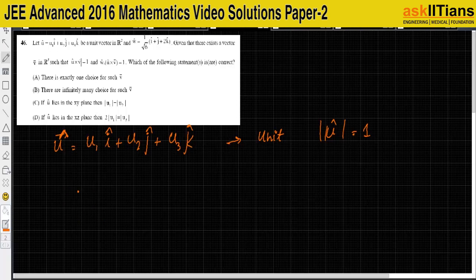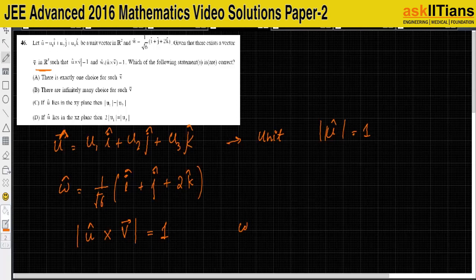It's also given that there is another vector w cap, which is 1 by root 6 into (i cap plus j cap plus 2k cap), and that there exists a vector v in R cube such that the magnitude of u cap cross v vector is equal to 1, and it is also given that w cap dot (u cap cross v vector) is equal to 1.